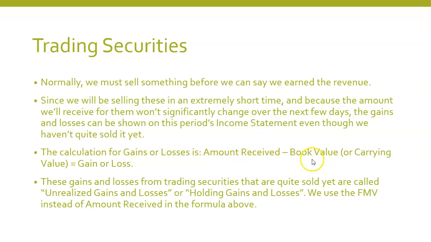We're going to subtract out our carrying or book value, and that will give us our holding gain or loss, also called our unrealized gain or loss. Comes from that formula. Okay, I'm going to use the fair market value in place of the amount received.